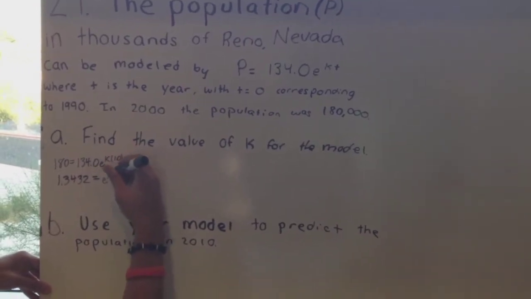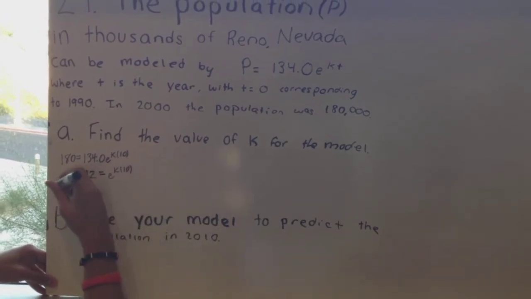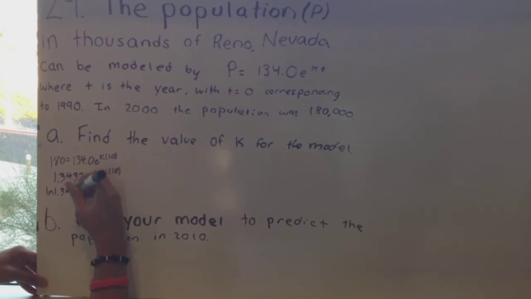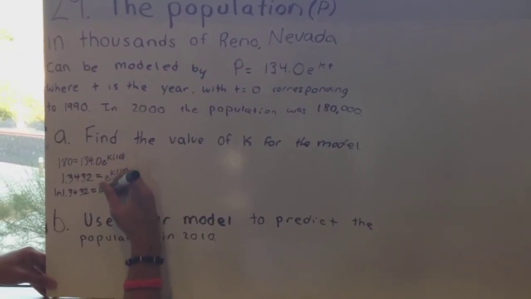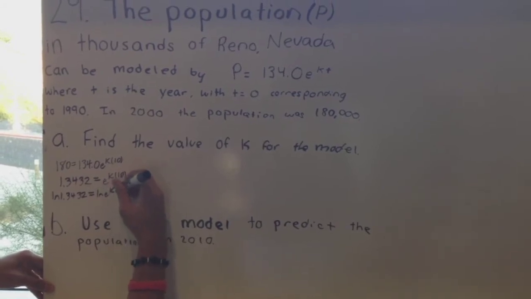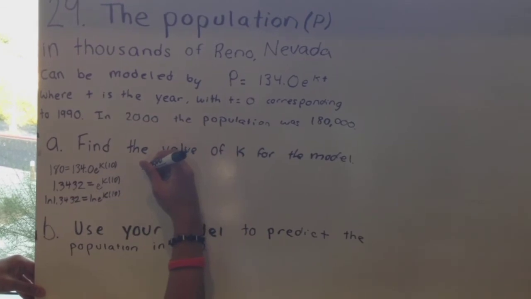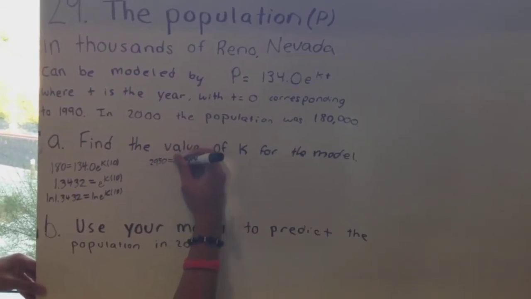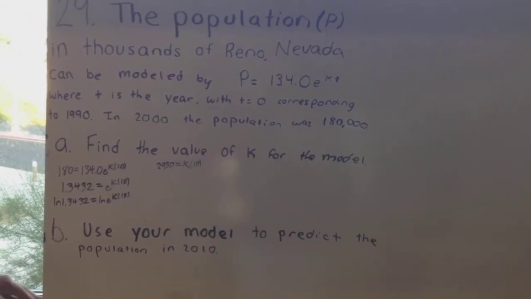Once you divide it on the other side, you would take the natural log of both sides, and it's important to do that. So you would be left with 10k on one side, and then 2.950 on the other.